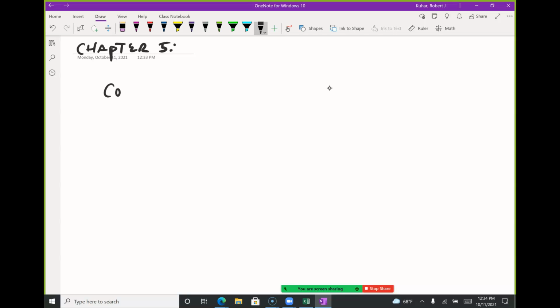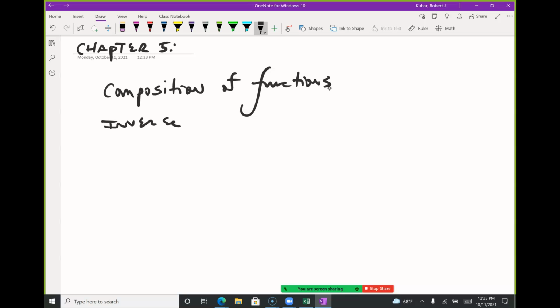So today we're going to talk about both of those, composition of functions and then inverse functions. Inverse functions is the big deal. That's really important to us.